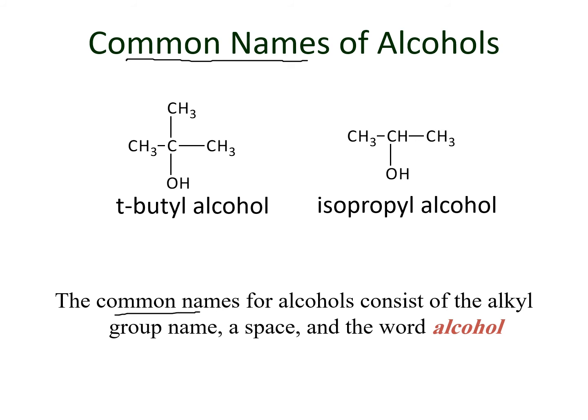For these common names, we first write down the alkyl group name and specify if it's a special type, like in this case it's butyl, and then we write the word alcohol. So it has got 4 carbons, so the molecule is called t-butyl alcohol. Similarly, this one, 3 carbons, isopropyl alcohol.